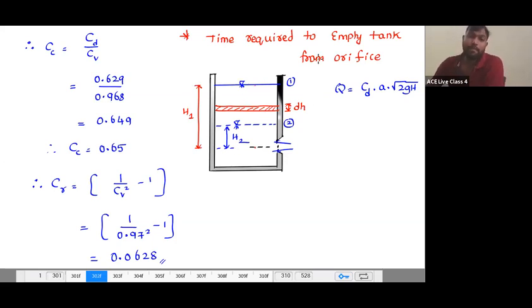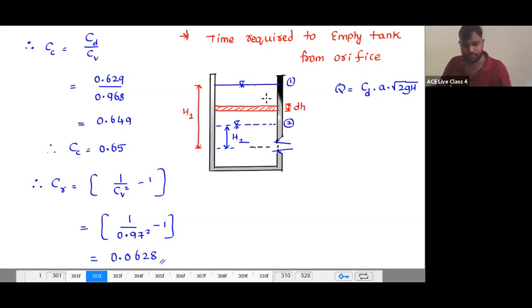So I hope the people who have attended for the geotech, if you remember the falling head permeameter, there I have discussed. In the case of the falling head permeameter, I have derived that whatever the time required to drop, see how much amount of the water is going out.